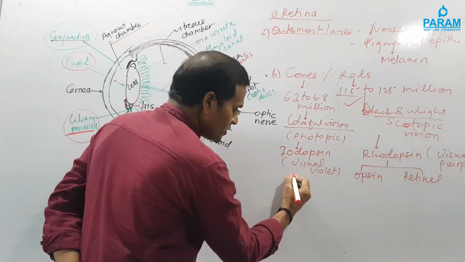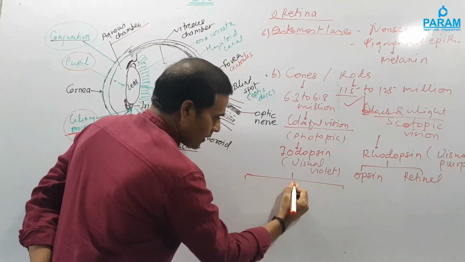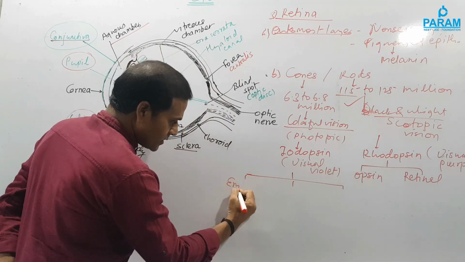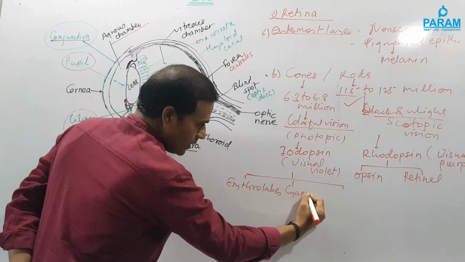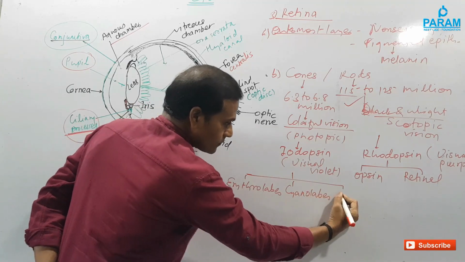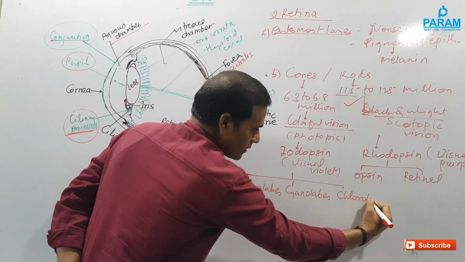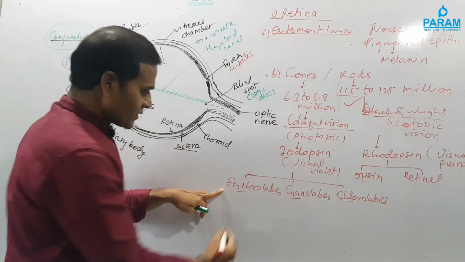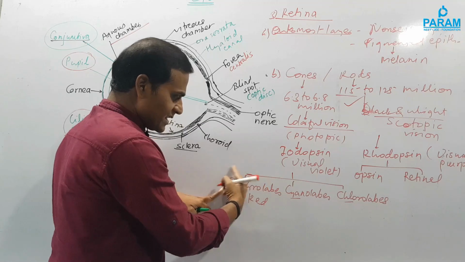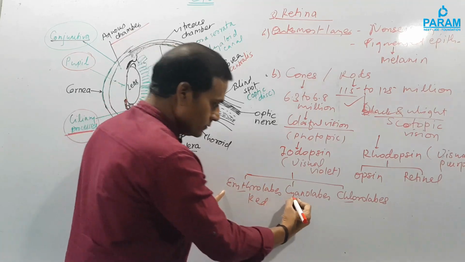Now again these cones are of three types, that is erythrolabes, cyanolabes and chlorolabes. Name itself indicates: erythro means red. These cells are responsible for red coloration.